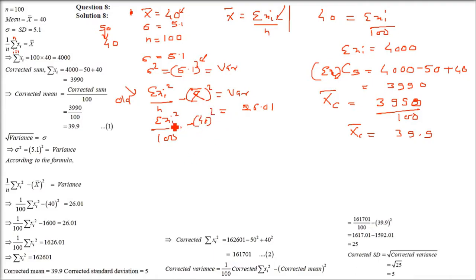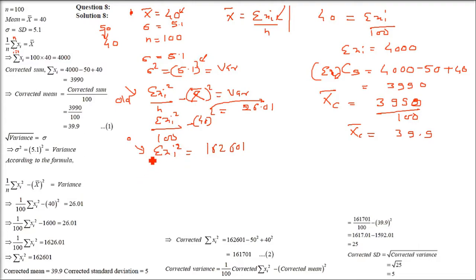So using 40, the original one, sigma xi square will be 26.01 plus 40 square, multiplied by 100. Just add this and multiply by 100, and you will get sigma xi square, which is 162601. This is the sum of squares of all the 100 observations.